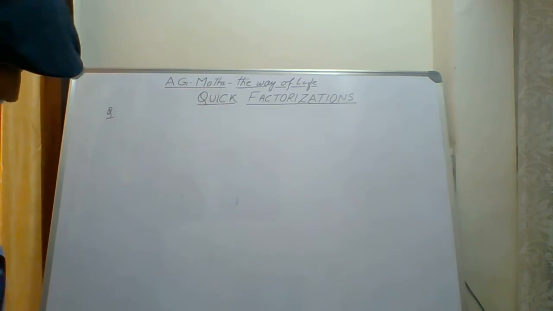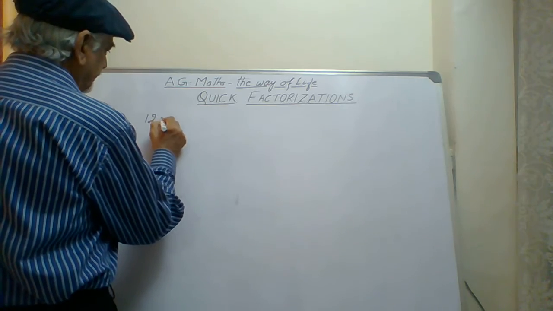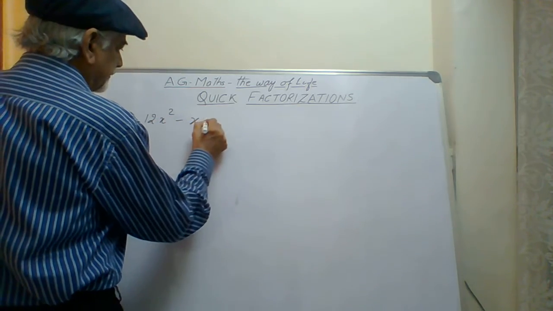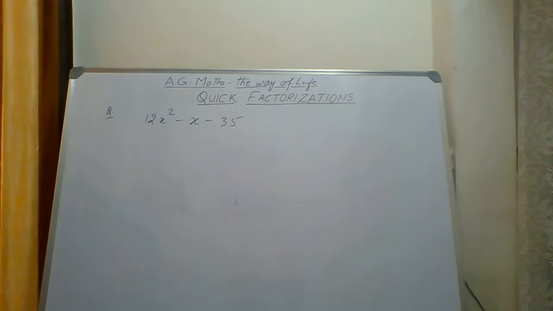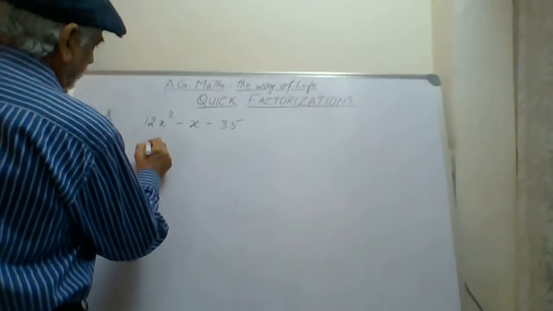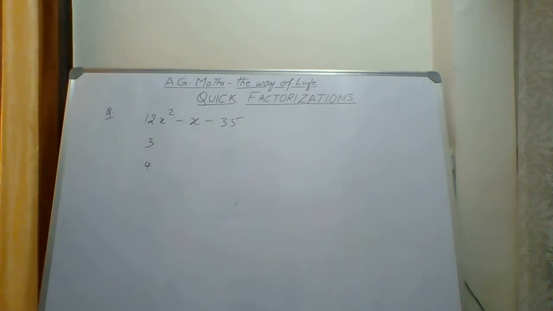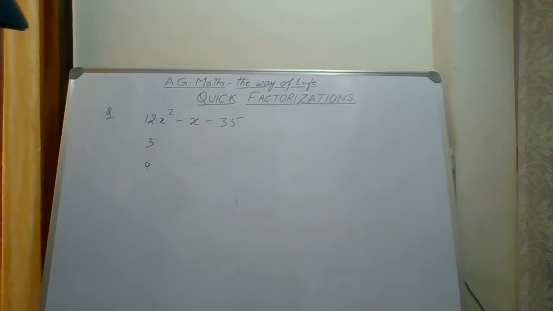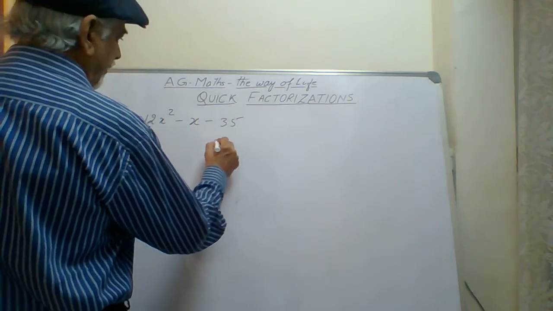Third one says 12x square minus x minus 35. This is a quadratic. Then again factorize the coefficient of x square. It gives you 3 and 4, making it 12. Then factorize the constant term, which are 5 and 7.